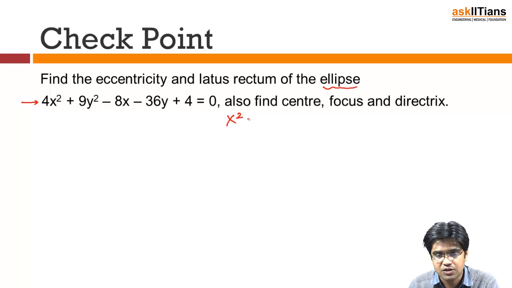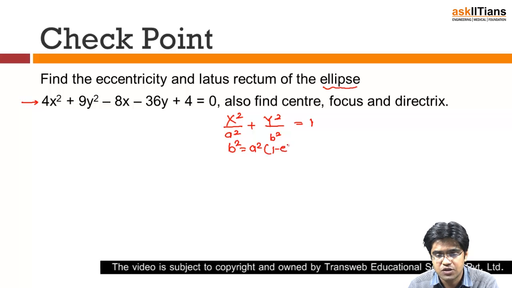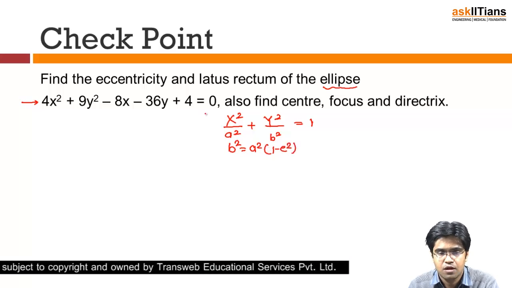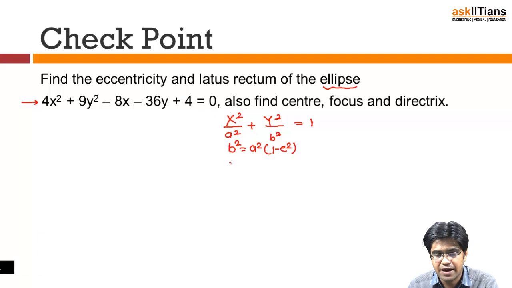Let's say capital X square divided by a square plus capital Y square divided by b square is equal to 1. Now, eccentricity of this ellipse is given by b square equals a square times 1 minus e square. Latus rectum of this ellipse is given by x equals AE.